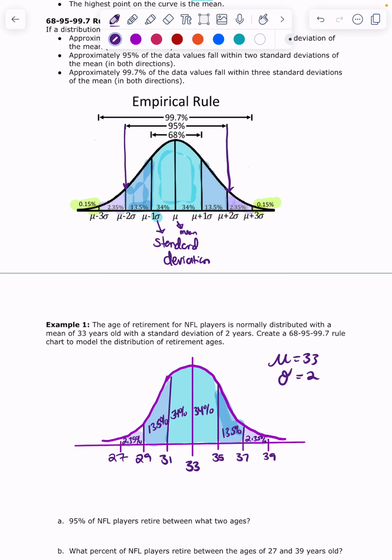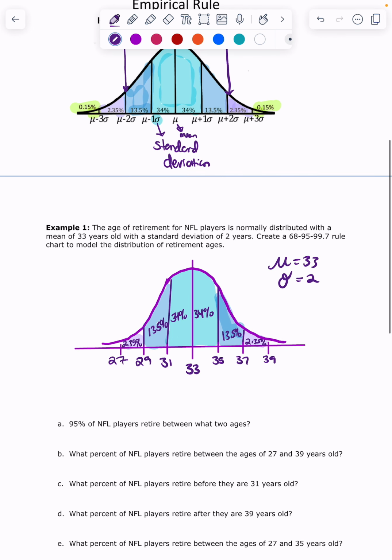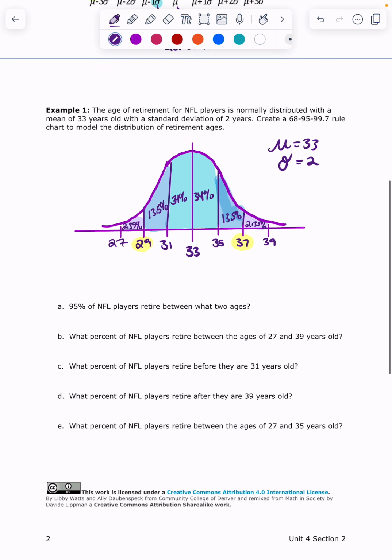So we just need to look 2 standard deviations to the left and the right. I'm going to highlight those. That would be 1, 2 on the left is 29. 1, 2 on the right would be 37. So we just want to say 29 to 37 years.